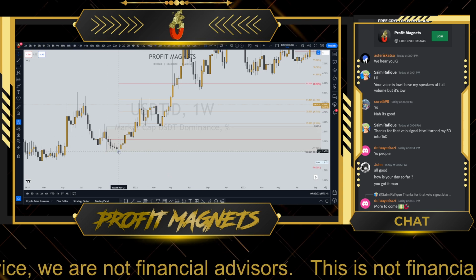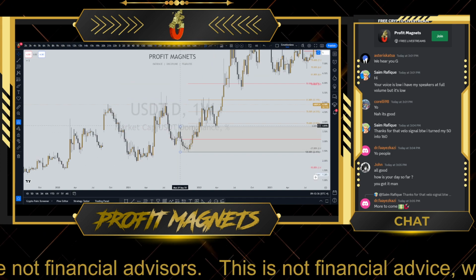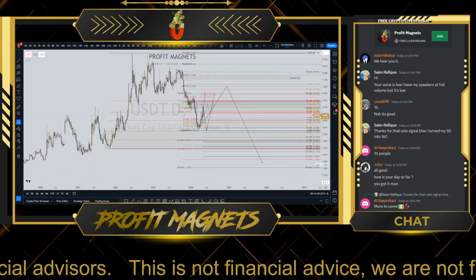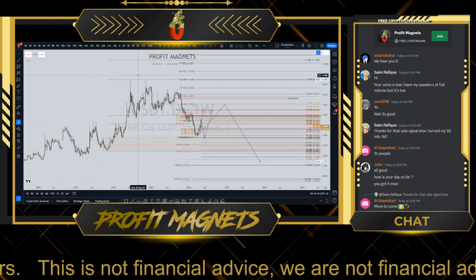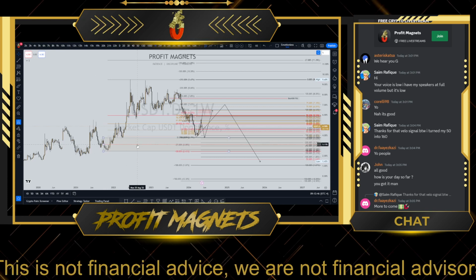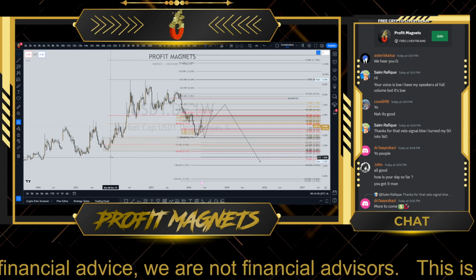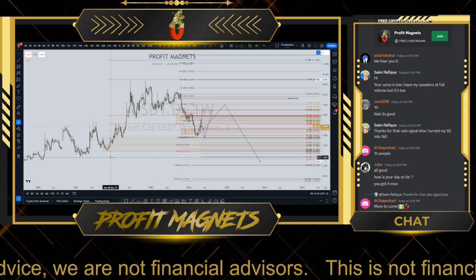From this point here to this point right here, they're all bearish candles. And from this point right here, you can also see that we have definitely had a big push to the upside, right? So this point right here is what you could potentially consider as support if we retrace into it.